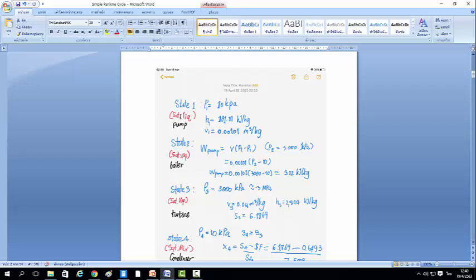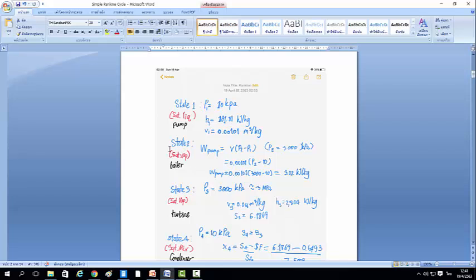State 1 is in majority set as saturated liquid in the pump. You can find the enthalpy by opening the table for 10 kilopascal saturated liquid, in table A5, and also the specific volume. You can open it and get the value.